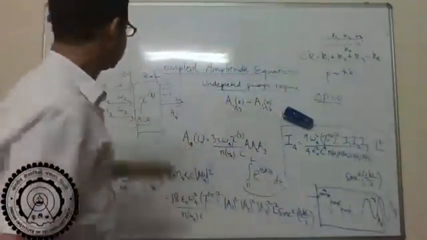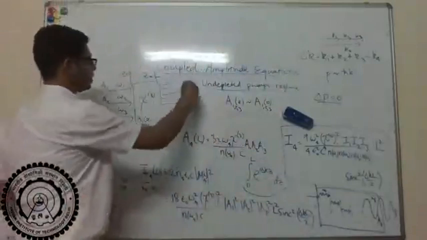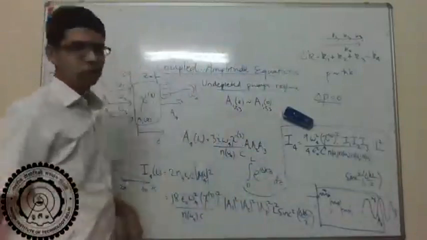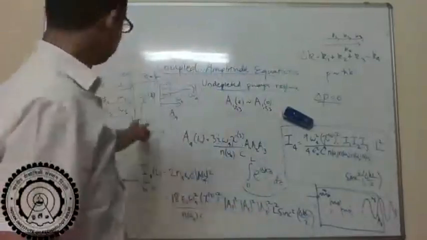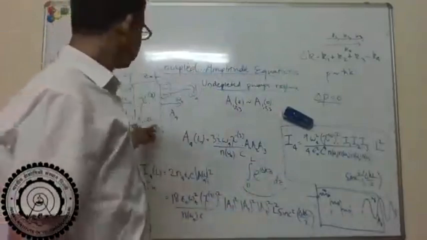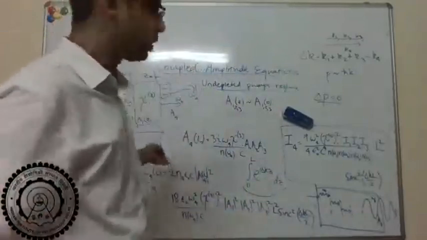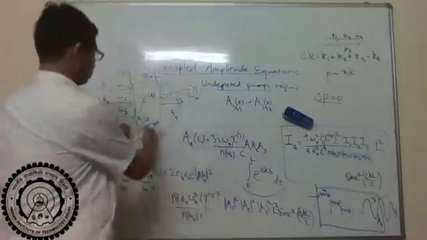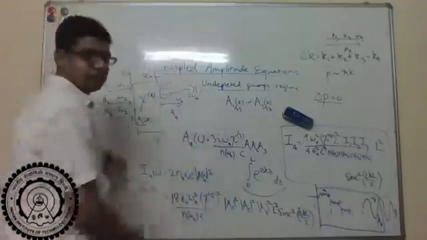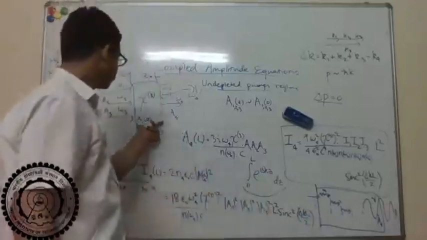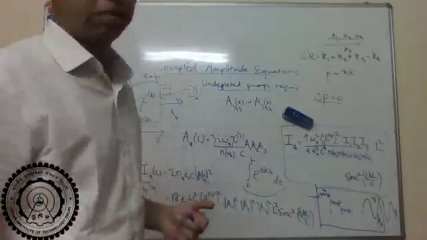If I have some detector here and I detect a photon at omega 4, I cannot say where it originated in the medium. There's no way for me to tell where this photon was born. It could have been born anywhere in the medium. So basically there's a position uncertainty which is L.